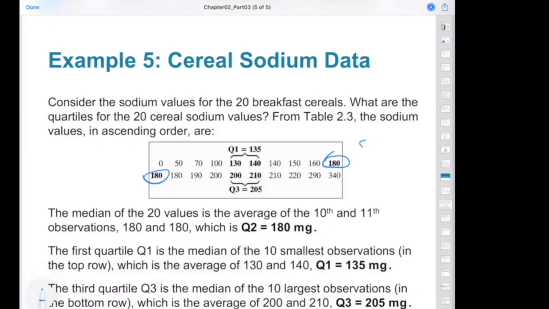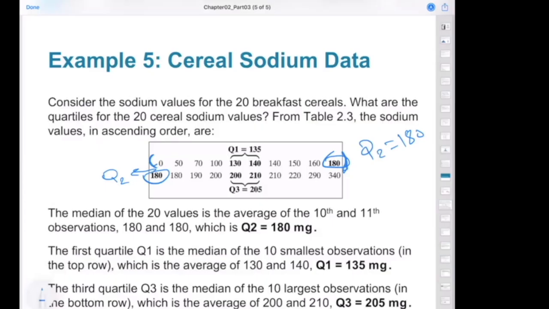So Q2 is 180. This is the median of this data. Okay. Then, between this 180 and this 180, we have the median. So the median is here, Q2. So from 0 to this 180, this is the first half lower than the median.